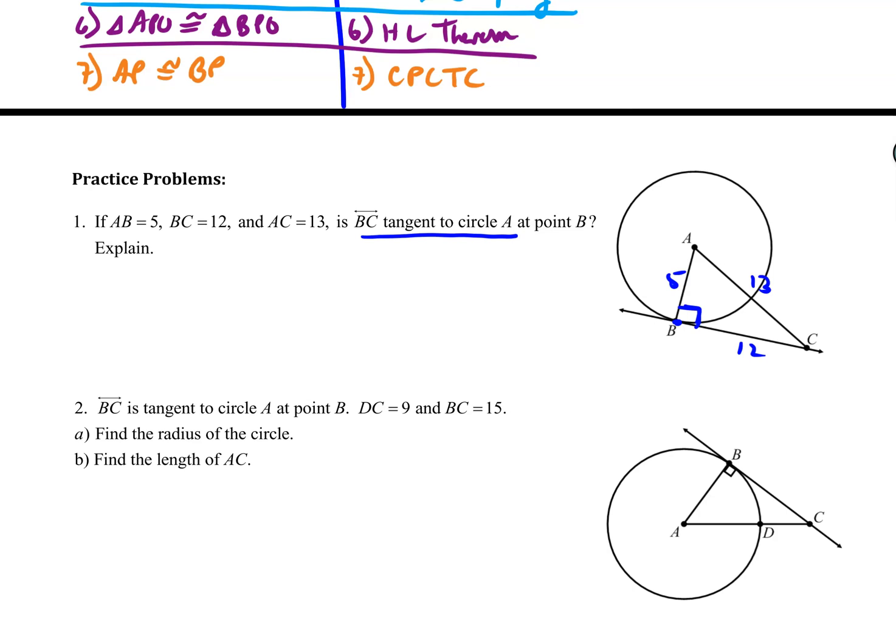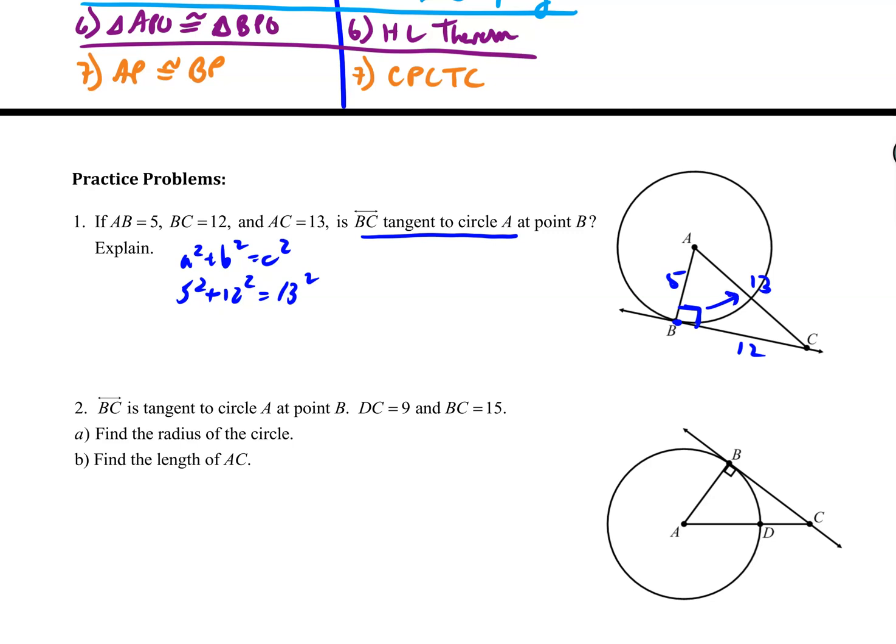So a squared plus b squared equals c squared. Now we plug in our values: 12 squared and 5 squared are your legs, and 13 squared is your hypotenuse. Remember, across from the right angle has to be your hypotenuse.